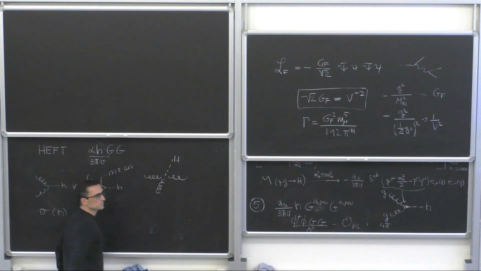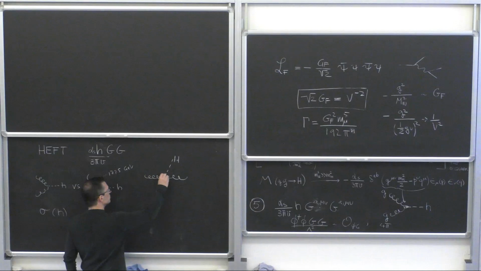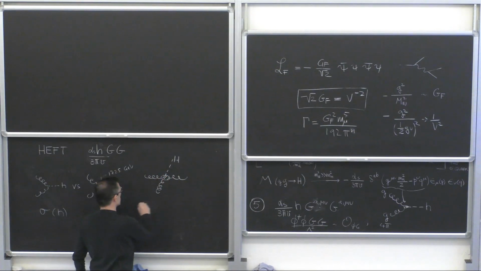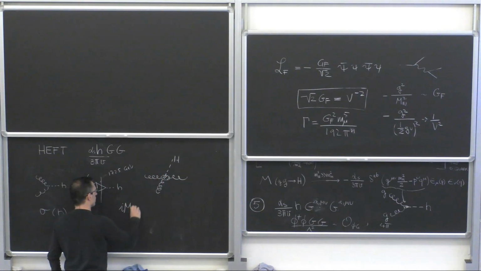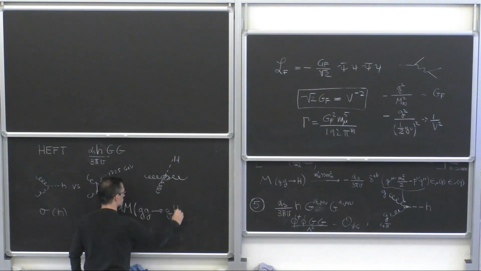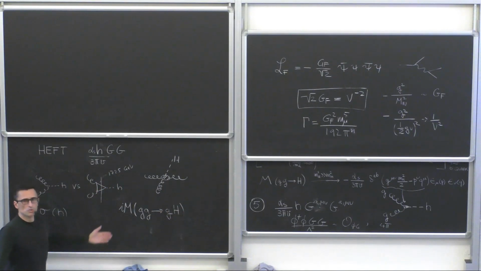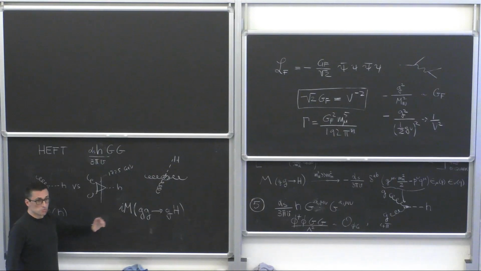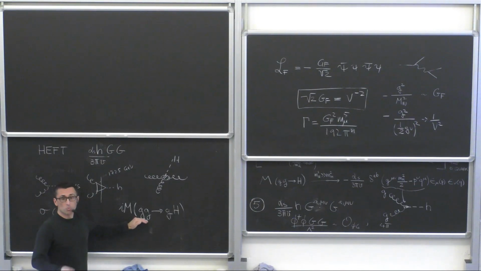So I will do a computation, which is the amplitude of gluon gluon to gluon Higgs. This is one order of alpha higher, so this is one term in the next-to-leading order cross-section computation.